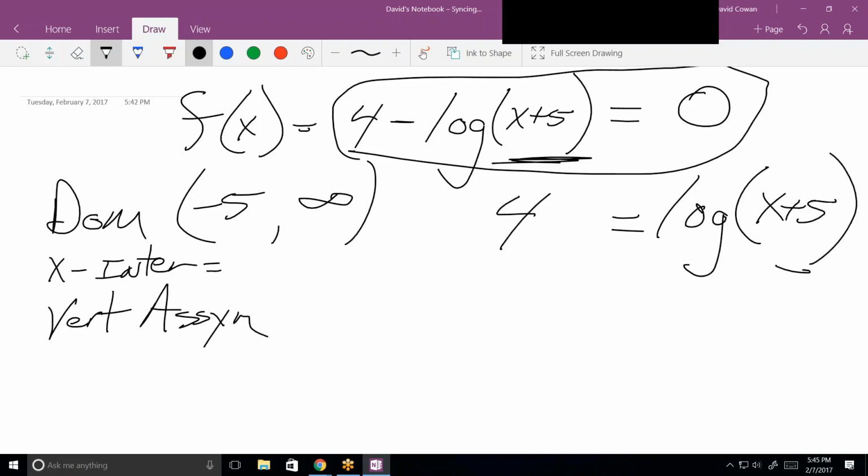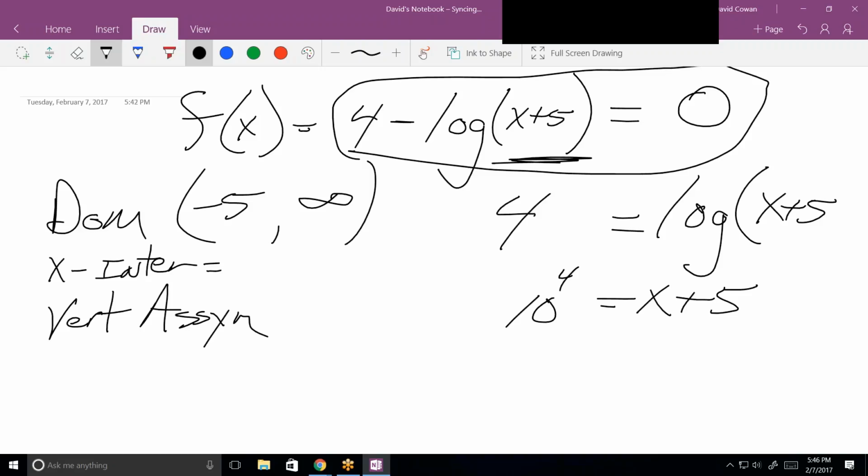Okay. Now, how do I solve that equation? 10 to the 4th equals x plus 5. Yeah, good. 10 to the 4th equals x plus 5.